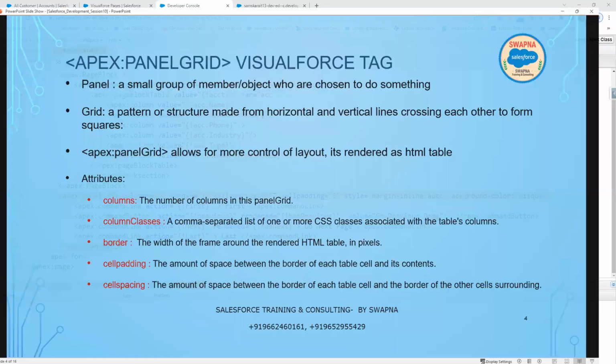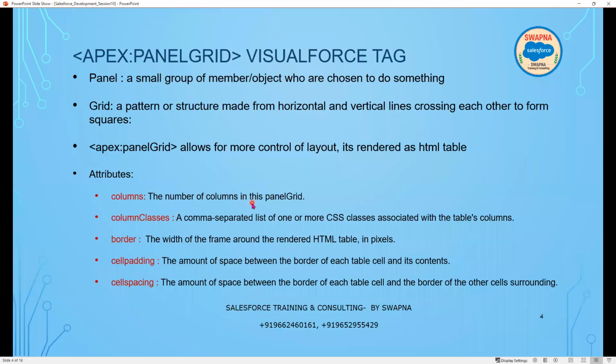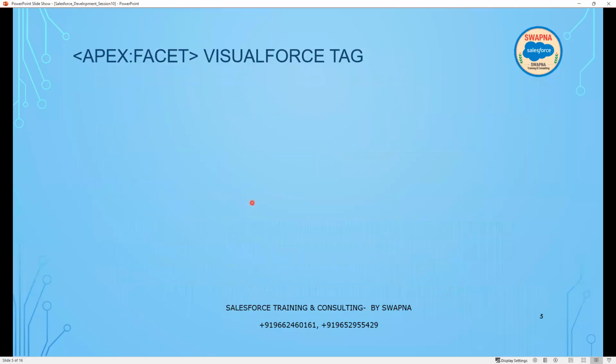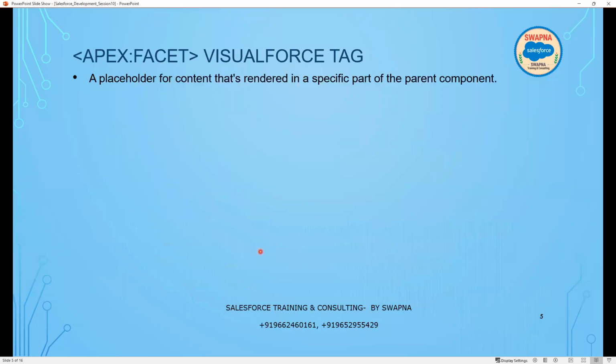Now, let's move on to the next one. Next one is the apex facet. Now, if you see here, apex facet is nothing but a kind of a placeholder for the content.